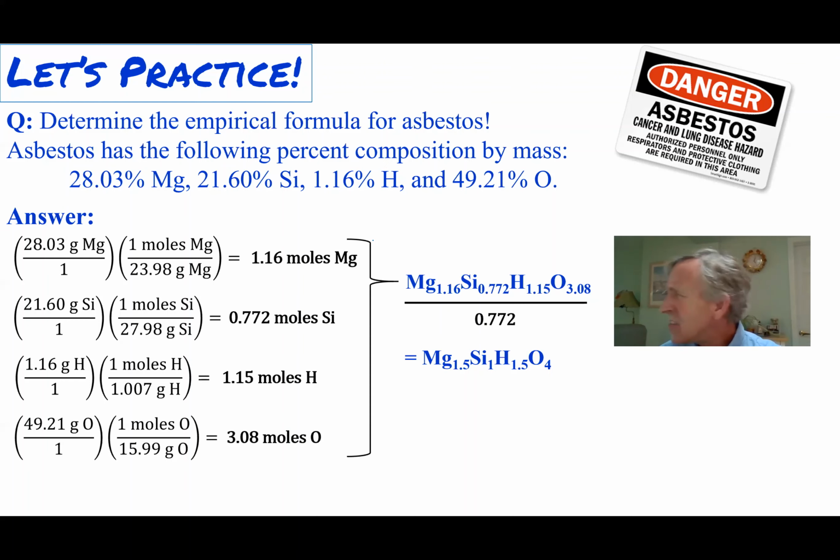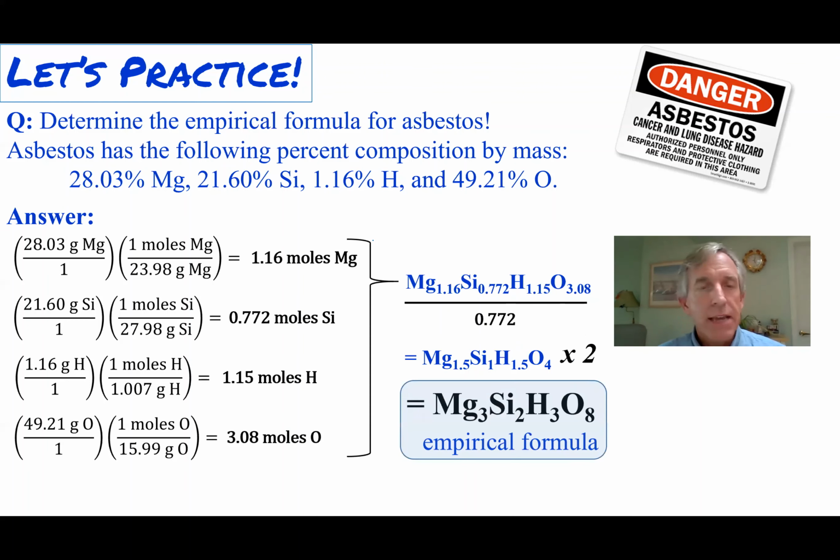So this is still not a good empirical formula, and you are going to have to maybe multiply it up to still get to an integer. So multiplying this by 2 allows me to get to complete whole number integers right there for the empirical formula for asbestos. Pretty cool, huh?